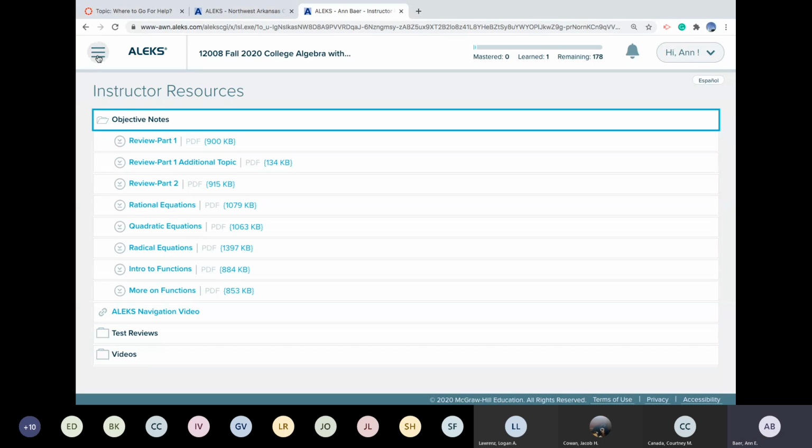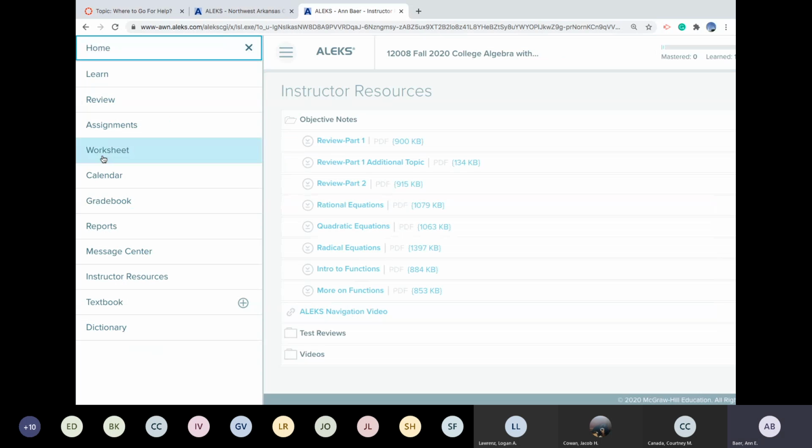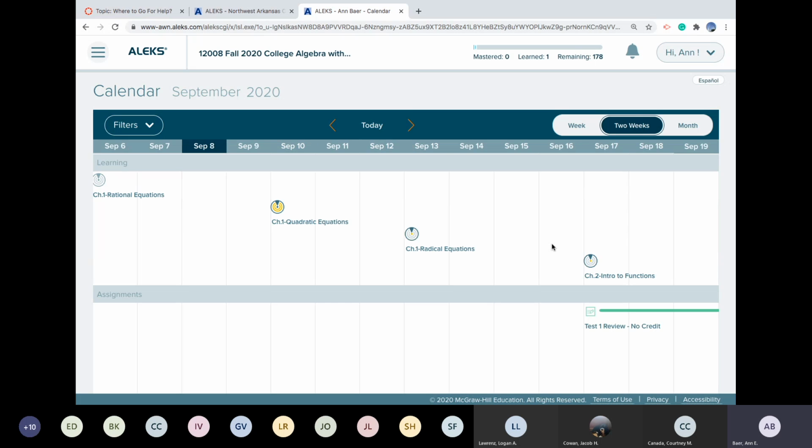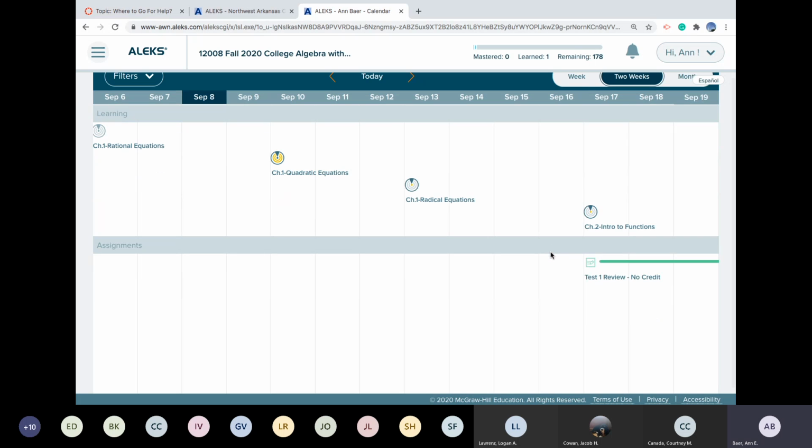Now, before we leave the main menu, I do want to point out, I made sure the calendar was perfect over the last few days. This calendar is on the main menu. I like to use the 2 weeks view. Within the next 2 weeks, you're already seeing the test 1 review, no credit.